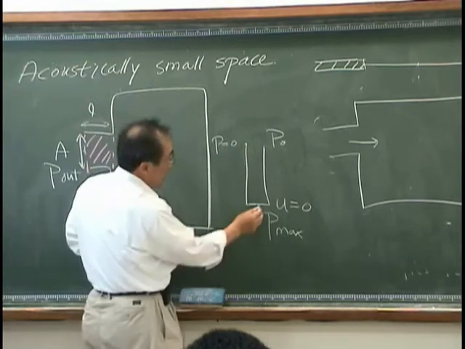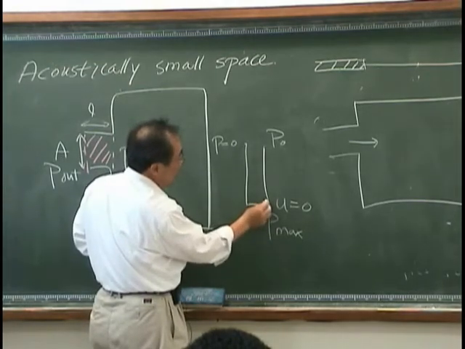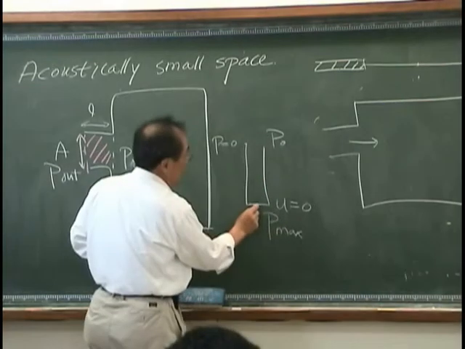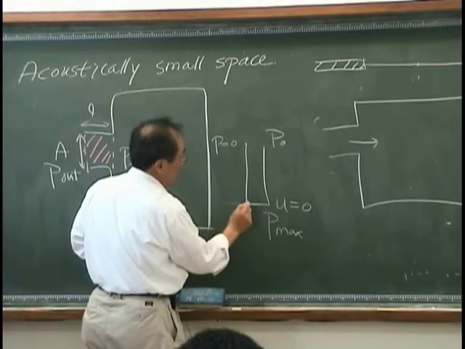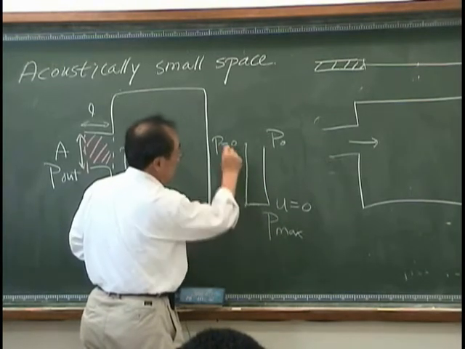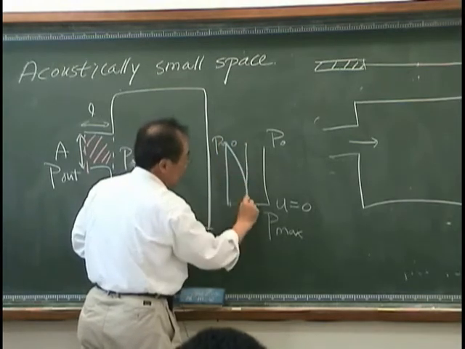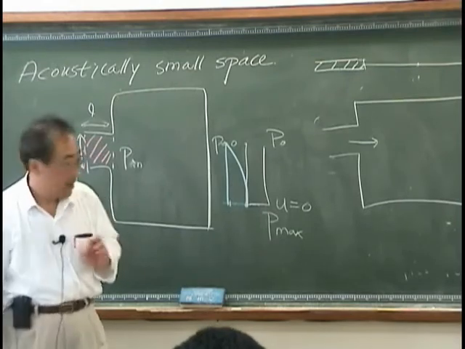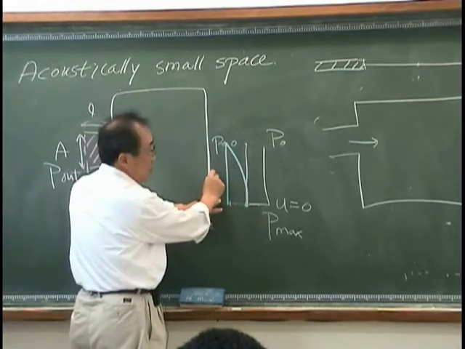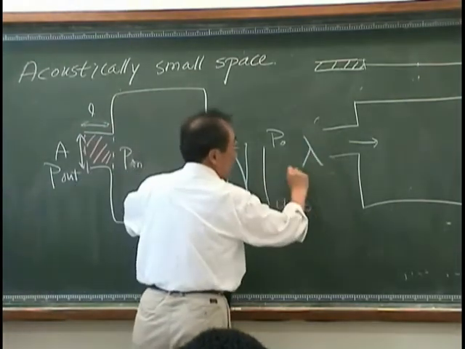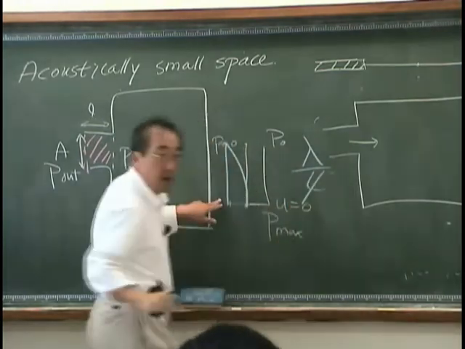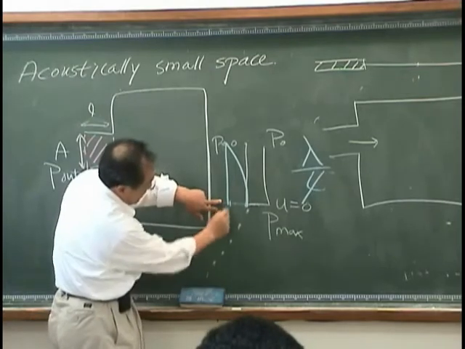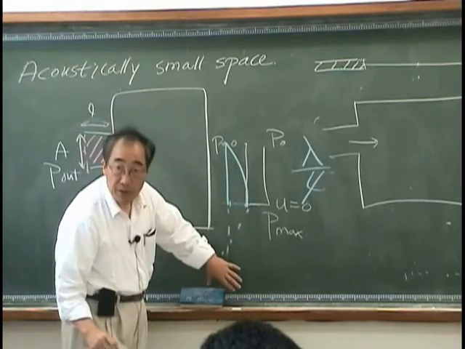So the wave that can be constructed over this pipe would be like over here maximum, and over here is 0. So it should look like that. And that corresponds to quarter wavelength. Right? Because one wavelength, these are the one wavelength.